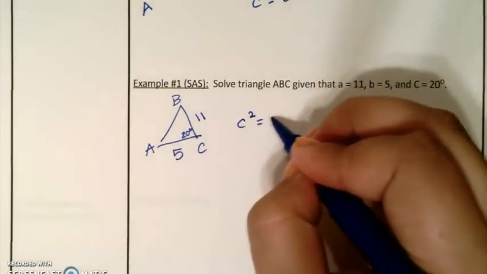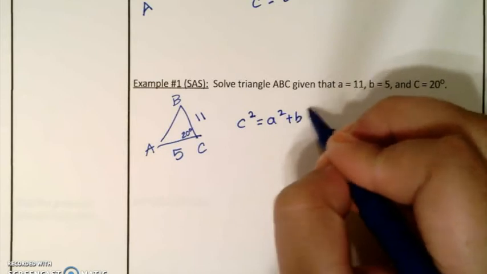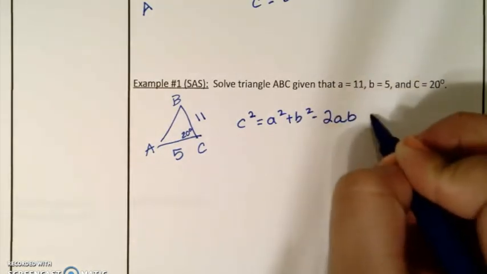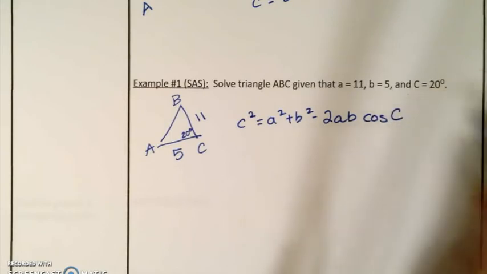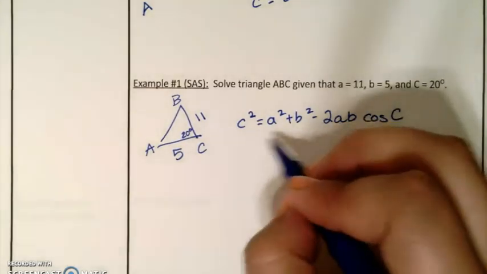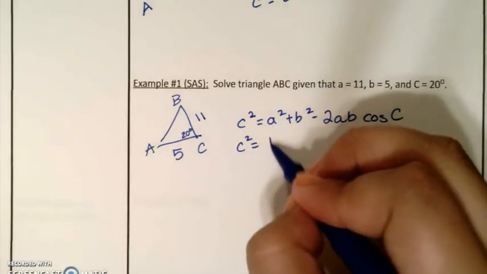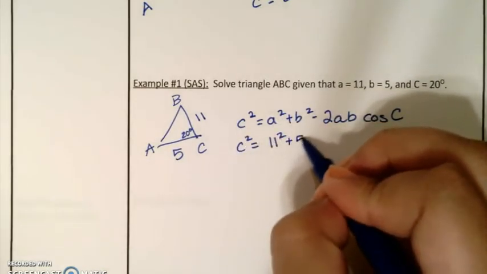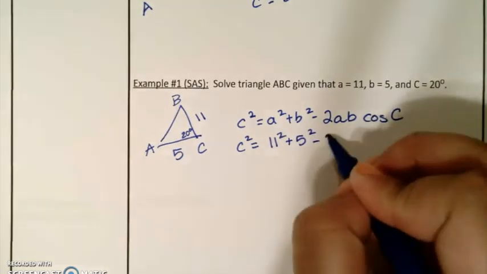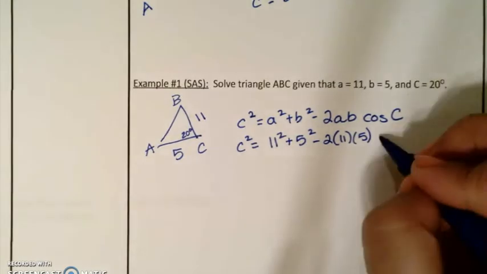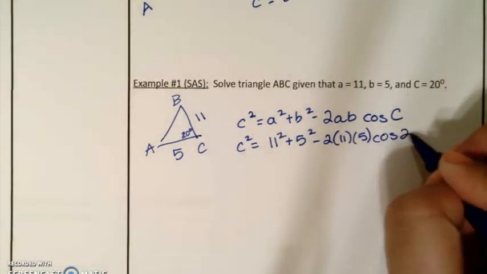c squared equals a squared plus b squared minus 2ab cosine of C. And then we'll substitute in what we know. So c squared equals 11 squared plus 5 squared minus 2 times 11 times 5 times cosine of 20 degrees.